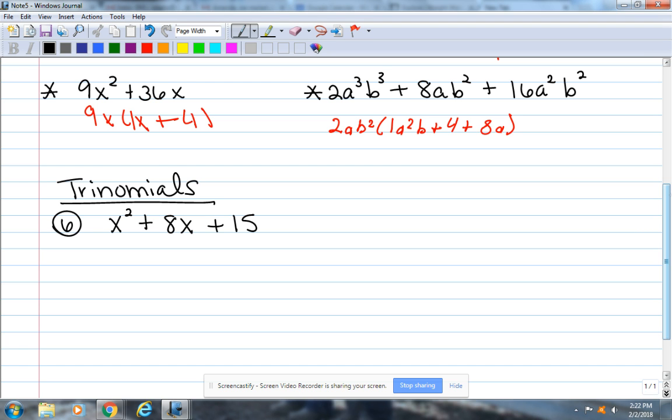If the leading term is a 1, which means there's only a 1 in front of the x squared, and if there's nothing in front of x squared, it's assumed to be a 1. These are simple ones, so we're going to start simple and save the hard ones for next week. So you ask yourself, what multiplies to get your last term that will add to get your middle term?